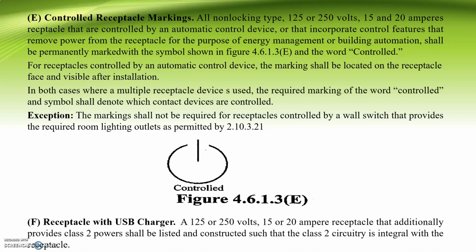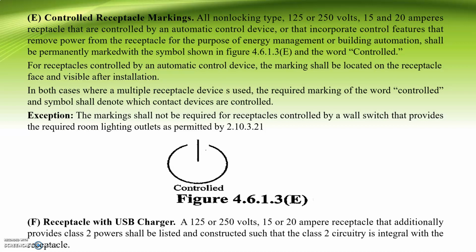Exception: the marking shall not be required for receptacles controlled by a wall switch that provides the required room lighting outlets as permitted by Chapter 2.10.3.21. Here is the symbol for controlled. It is Figure 4.6.1.3.